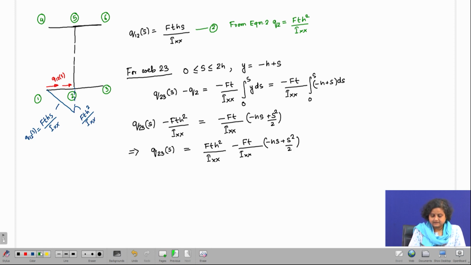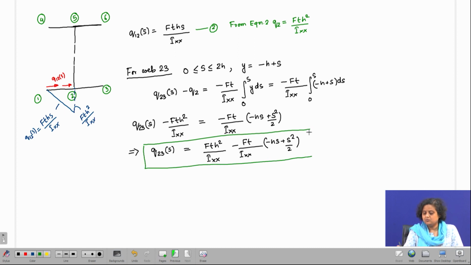So, this is the other expression for finding out the shear flow distribution in web 2-3. So, let me call it as equation 3.